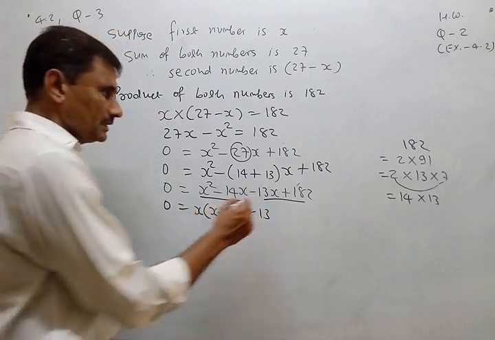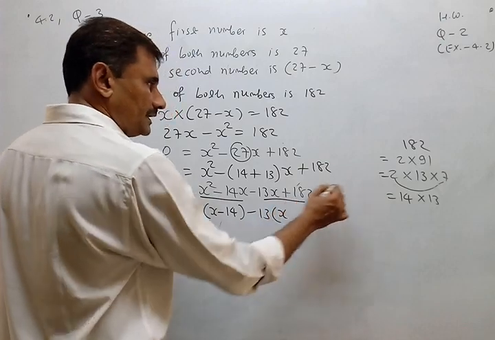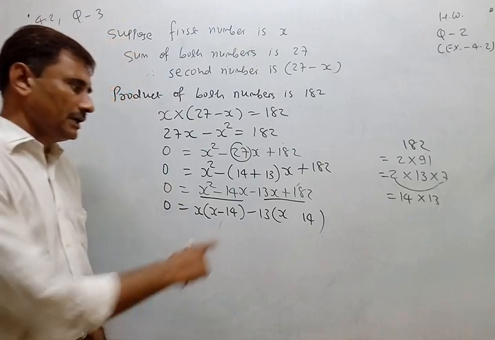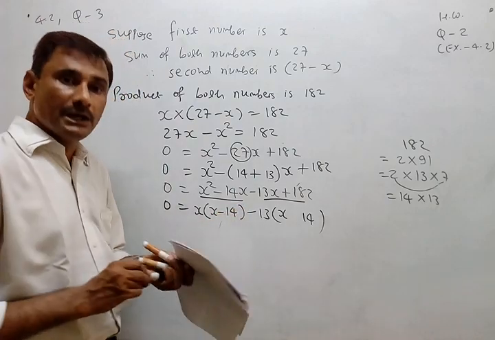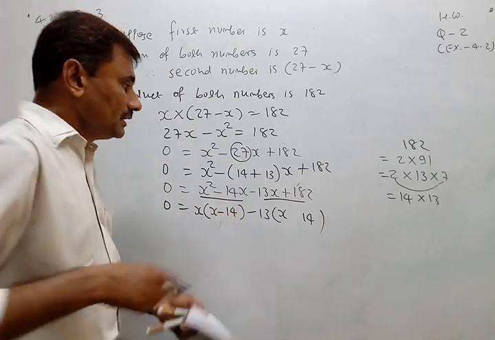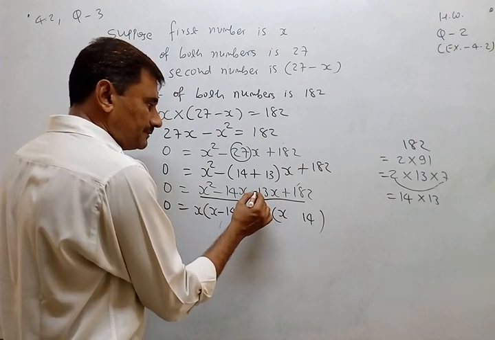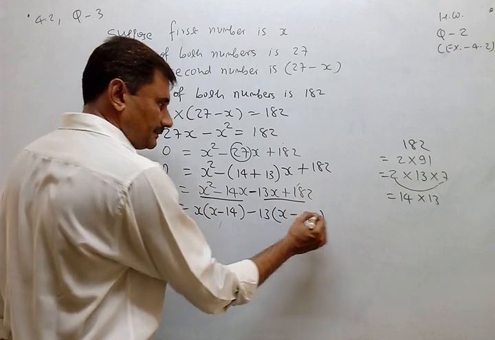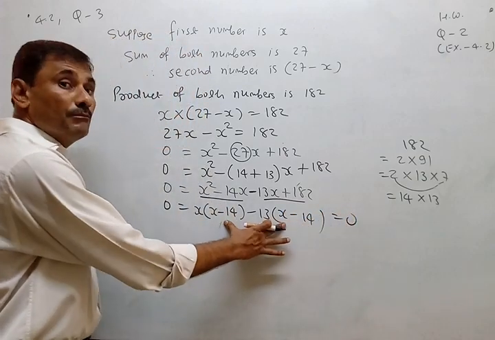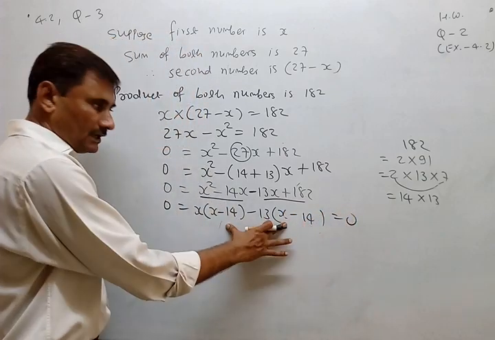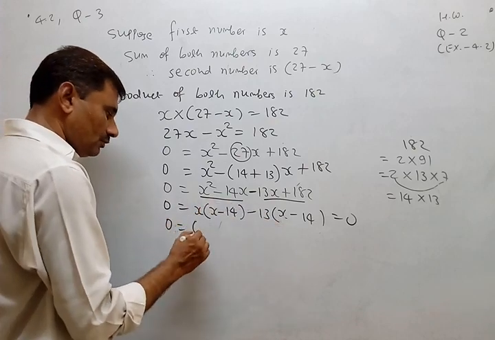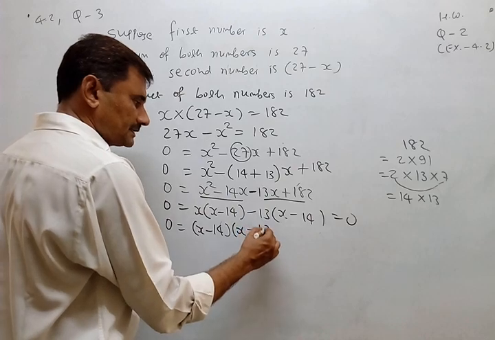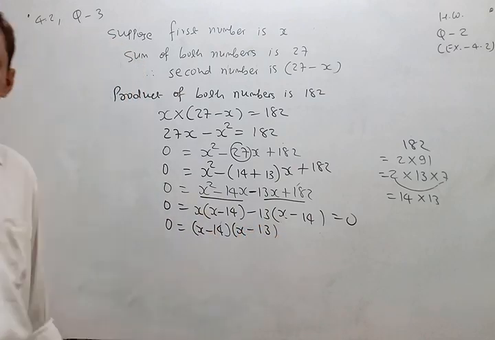So obviously here you have x, and here 13 times 14 is 182. Whenever a minus sign is taken common, inside the bracket both terms become opposite, so minus becomes plus and plus becomes minus. We got both brackets equal. Now take that bracket itself common. So left x and here minus 13. So we got two factors.